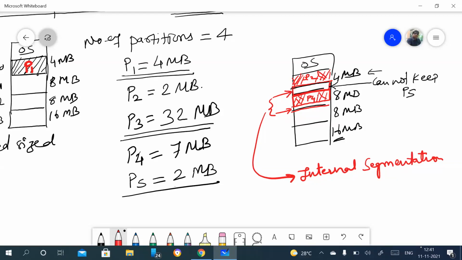So whatever space we wasted in P2 and P4, that space is nothing but the internal fragmentation.